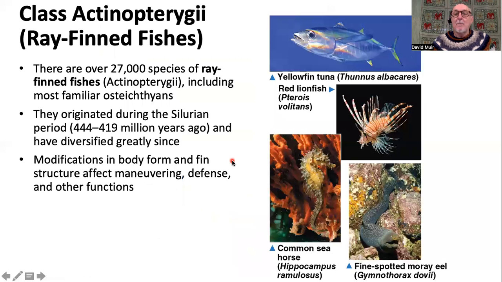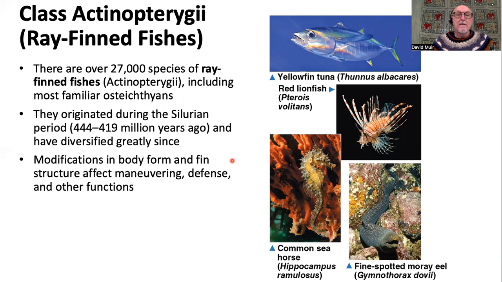And the Actinopterygia here, they are most familiar fishes to us, of course, because they are so attractive, so diverse, so interesting, and so delicious. And these are the ray-finned fishes, a very numerous group. There's over 27,000 species and more get discovered the whole time. And they are a very old, ancient group of vertebrates.